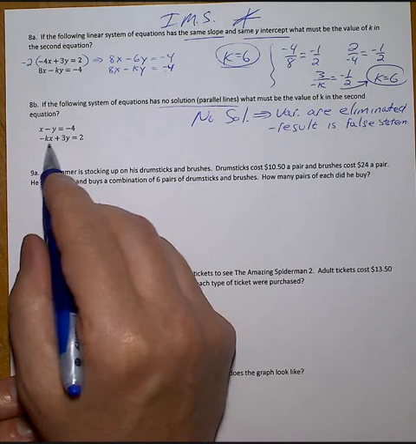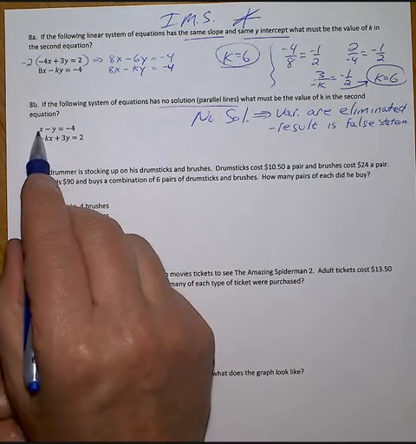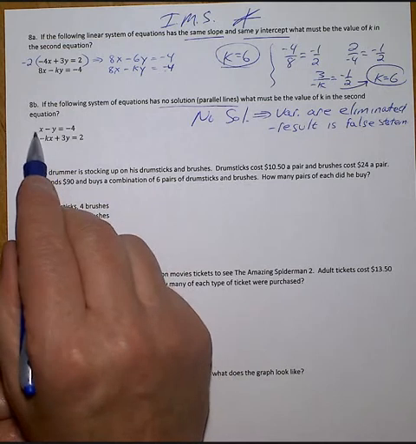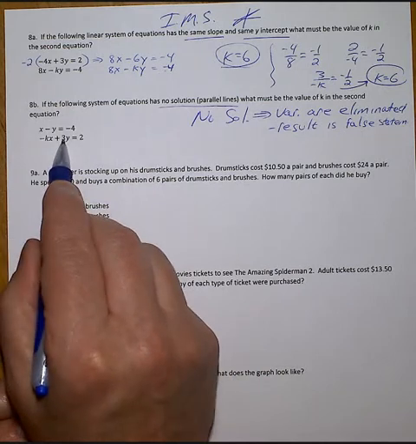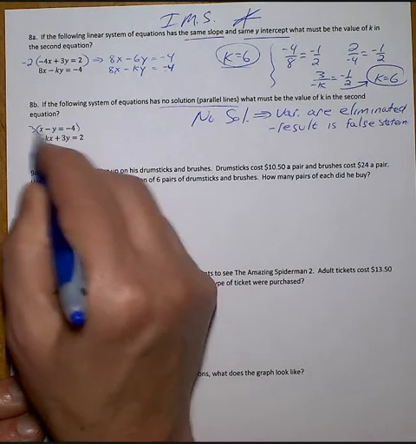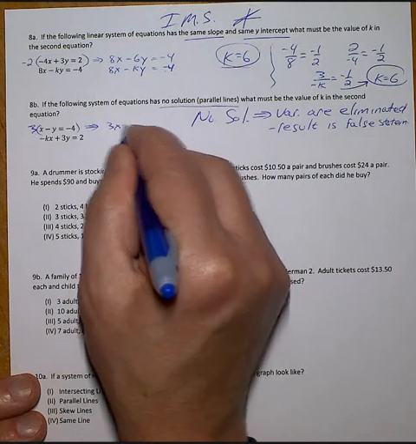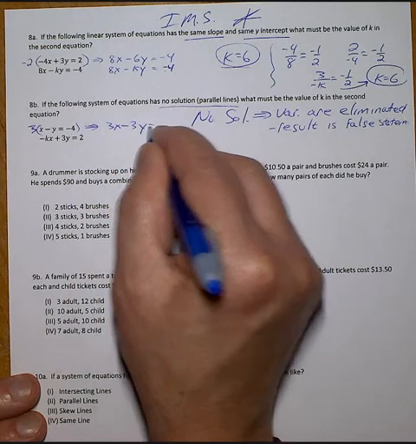Well, once again, what do I have to multiply this equation by to eliminate this 3y? I'd multiply that top by 3. So if I multiply the top by 3, I'm going to get 3x minus 3y equals a negative 4.